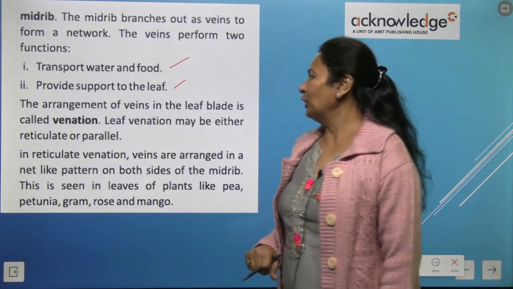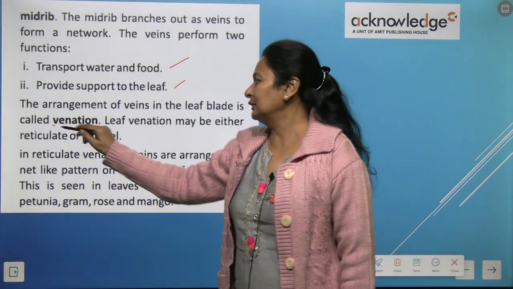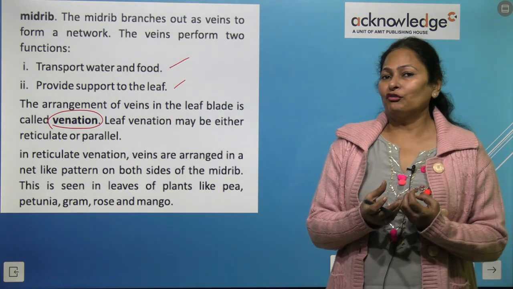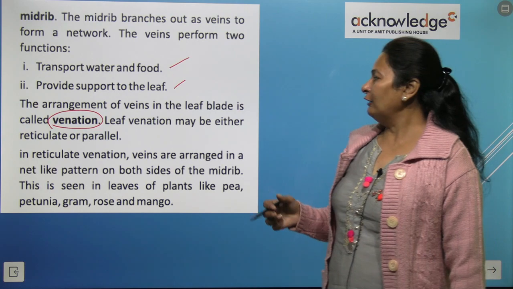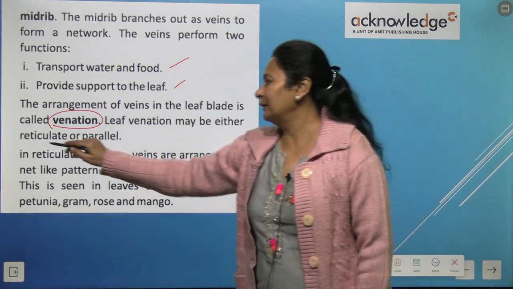The arrangement of veins in the leaf blade is called venation. You'll see the difference in the network of veins also. So we call it venation. Leaf venation may be either reticulate or parallel.